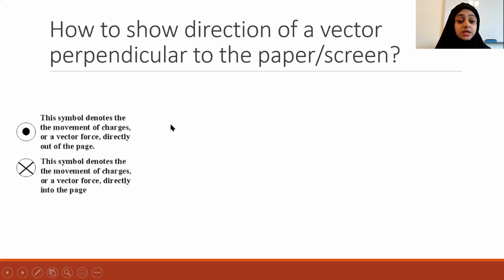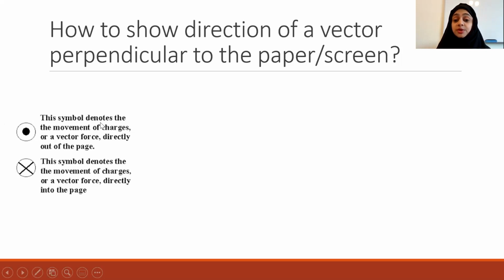So if there is any vector which is pointed out of the paper, then you can show that with a dot. This is similar to the case when a screw is piercing through the paper and coming towards us. What will we see? We will see a dot, right? So remember this symbol with that.